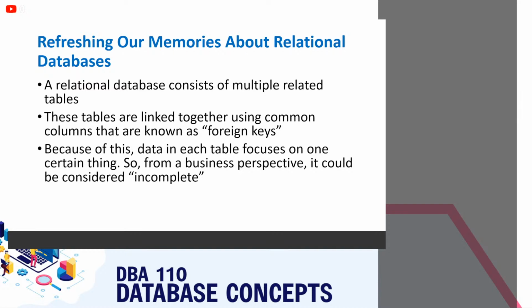And then if we have another set of information that's grouped together, then we want to put it in its own table, right? If it's related but different from the information in the other table, it needs to get its own table. But it is related to the information in that other table. So all of this information, even though it's in different tables and different from one another, is still related in some way.